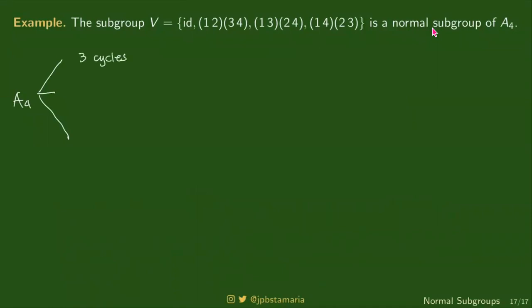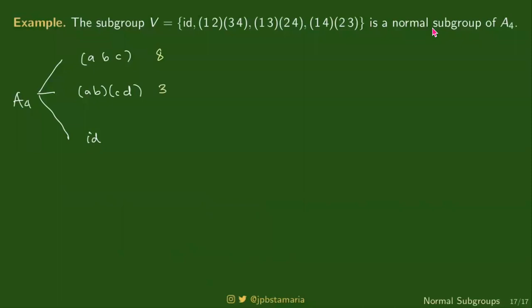Ito yung mga products of disjoint two cycles. Ito yung (ab)(cd). Tsaka yung identity. Iisipin nyo, sir, ba't hindi mo sinama yung mga 4-cycles? Ito, hindi kasi ito even. This is odd. Remember, ang A4, ang kino-consider lang natin yung mga even permutations. Ang bilang natin, 8 to.